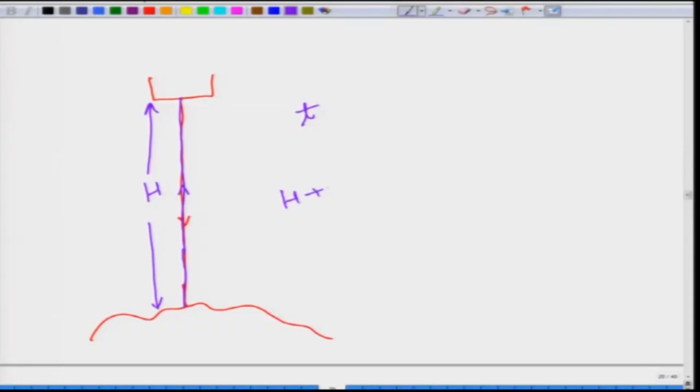Then it is moving from the ground towards the aircraft and it is again travelling a distance of h. So, the total distance that was covered is h moving downwards plus h moving upwards. Now, this distance is equal to speed times time. Now, speed of light is given as c and c is equal to 299,792,458 meters per second.